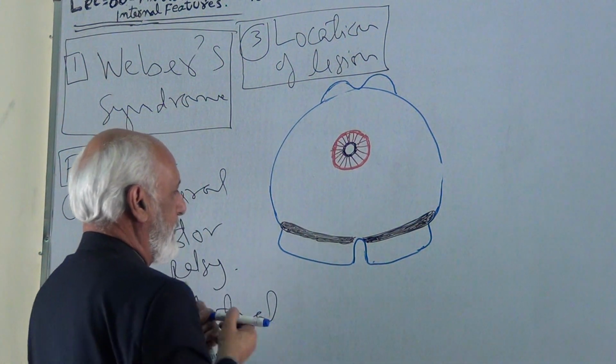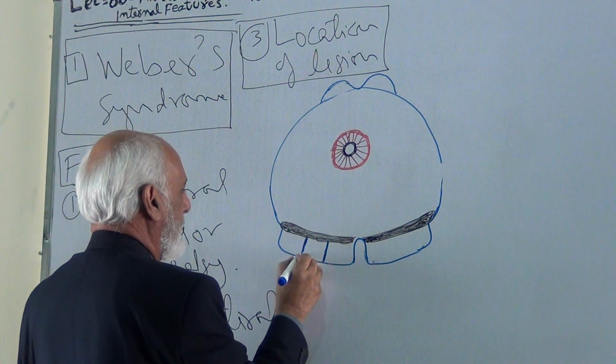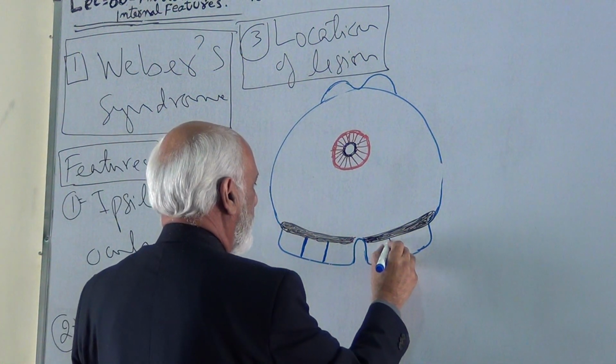The crus cerebri we divide into three parts: medial part, intermediate part, and lateral part on each side.